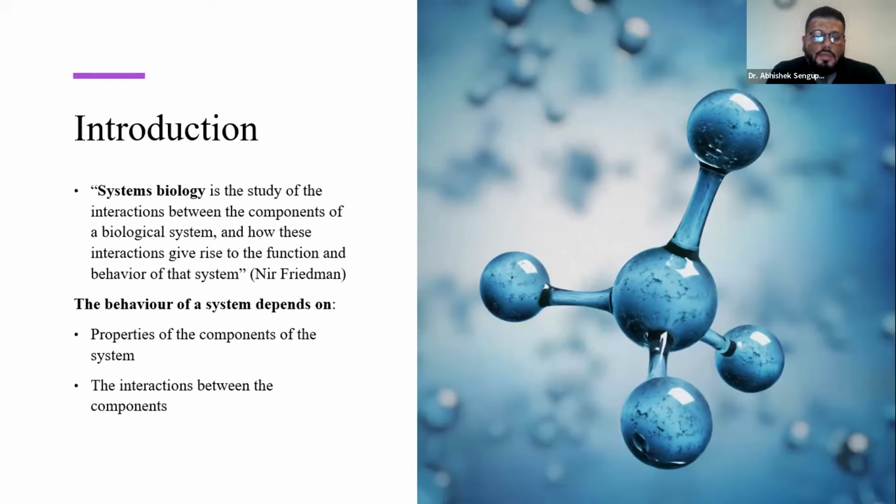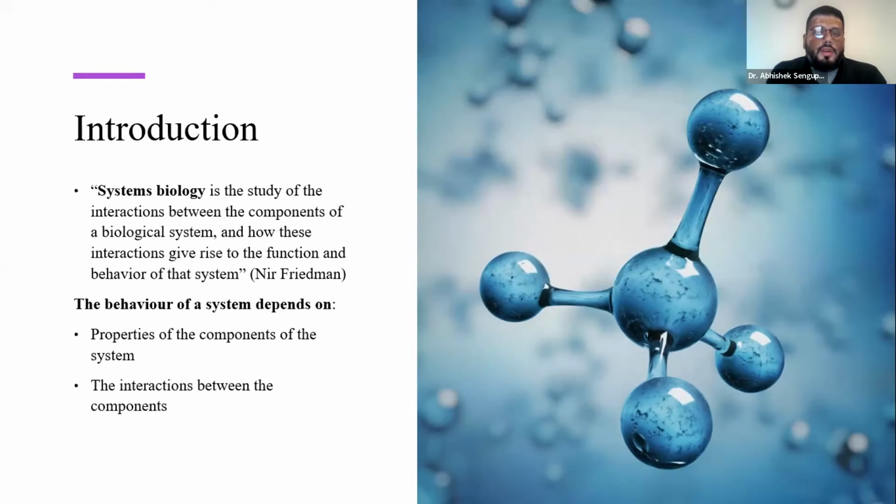Now, with all those omics data that we have, or proteomics or metabolomics data, systems biology has taken a new phase. That's how systems biology is in vogue these days. If you go abroad, in every university they have a systems biology department or research groups.